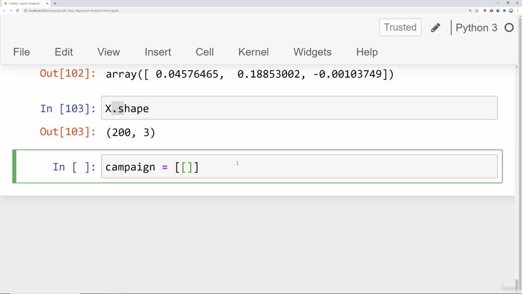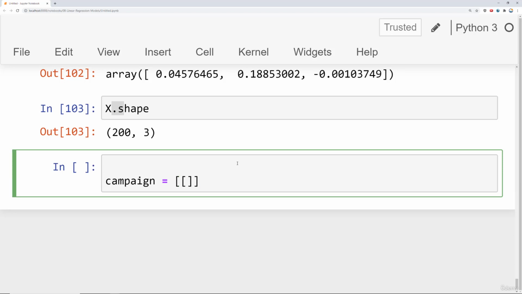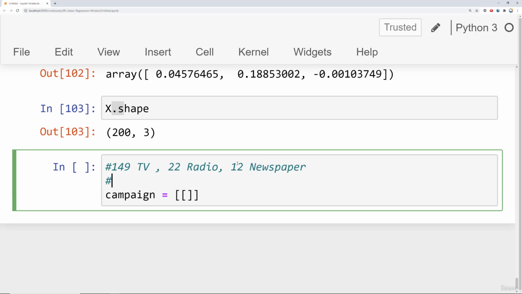Okay, so let's go ahead and say we're going to run an imaginary campaign where we spend 149 units on TV. Then we're going to spend, let's say, 22 units on radio, and let's say 12 units on newspaper ads. So the question then your boss asks is, hey, I have this new campaign we're about to run. How many sales do we expect to get off of this?